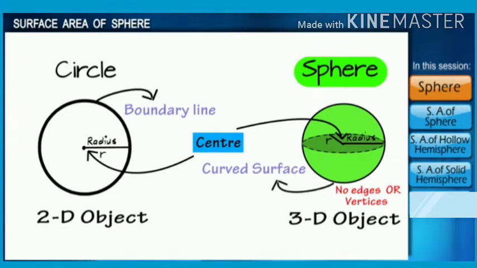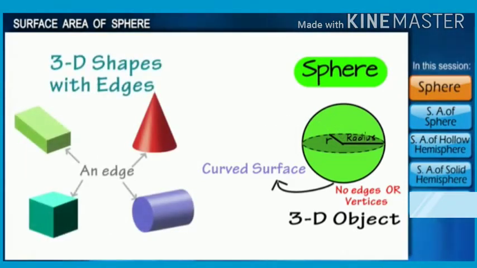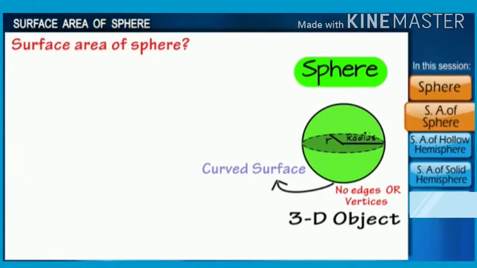And as a sphere has no vertex or edges, it has only one surface. We call it CSA or TSA, both are the same. Other 3D objects have edges, so they have more than one surface. So the curved surface area or the total surface area in the case of a sphere are the same.